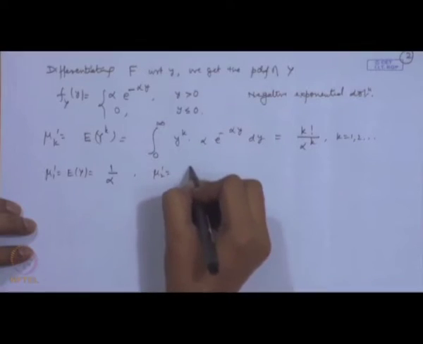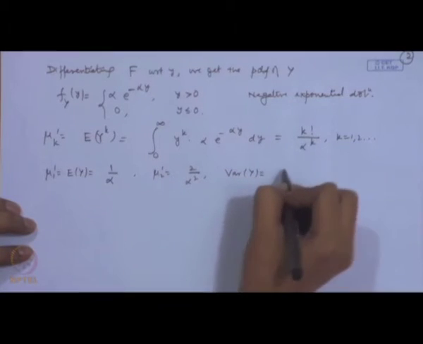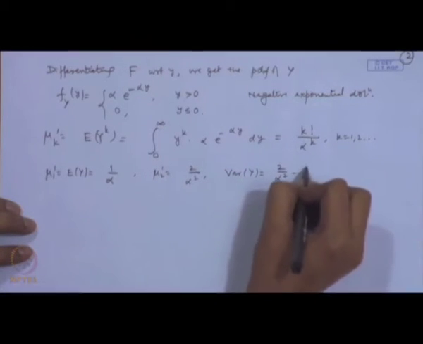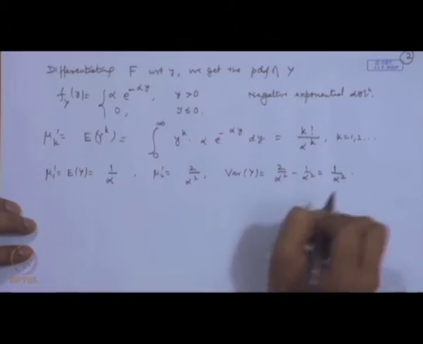So, the waiting time then will be 3 minutes for the first occurrence, the expected waiting time. Let us consider mu_2 prime, then that will become 2 by alpha square, and therefore, the variance of y will be equal to 2 by alpha square minus 1 by alpha square, that is equal to 1 by alpha square.